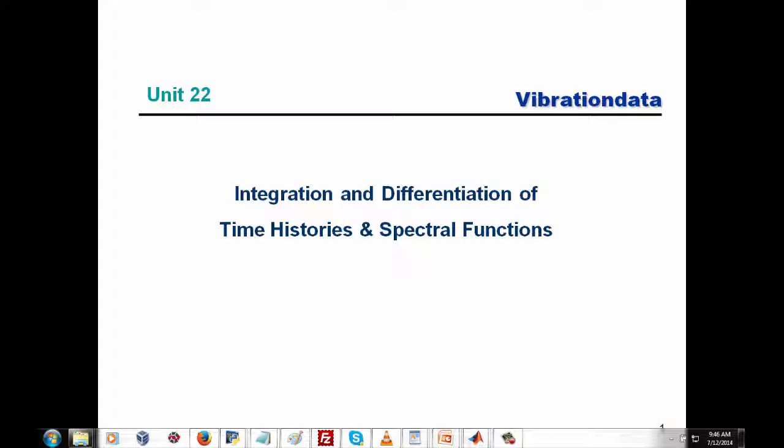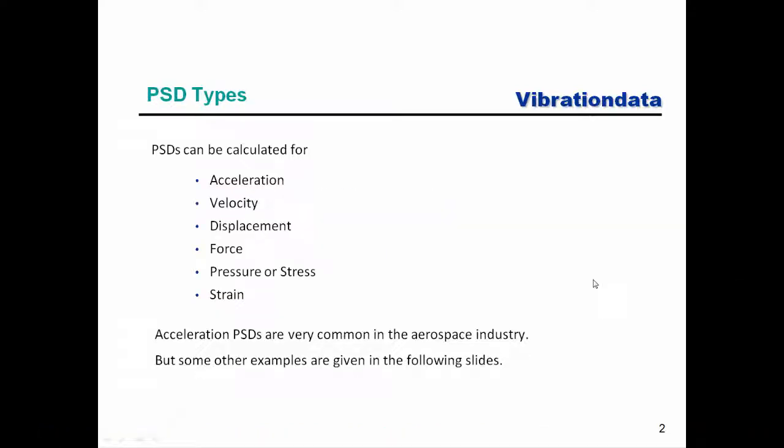Today we're going to be discussing integration and differentiation of time histories and spectral functions, and this is a continuation of our previous webinar. So let's talk about power spectral densities. Now, we've covered these before in previous webinars, and we can calculate power spectral densities for the following types of time histories: acceleration, velocity, displacement, force, pressure, stress, or strain.